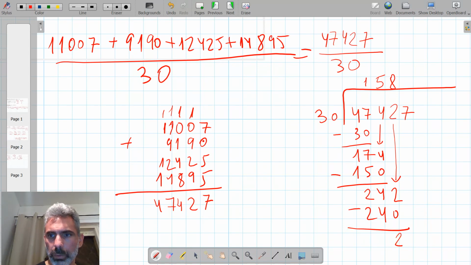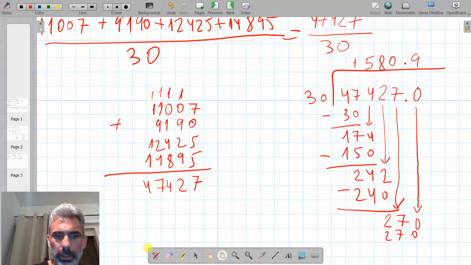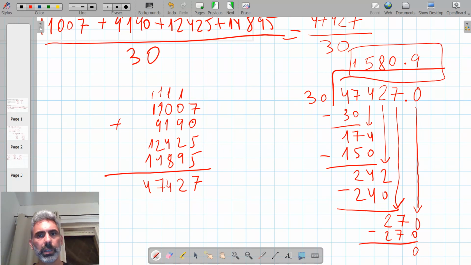Have a remainder of 2. Bring down the 7. Get 27. 30 doesn't go into 27, so I have here 0, decimal point. Bring down the 0. 30 goes into 270 9 times. 9 times 30 is 270. And I have no remainder. So hopefully this is the correct answer: 1,580.90.